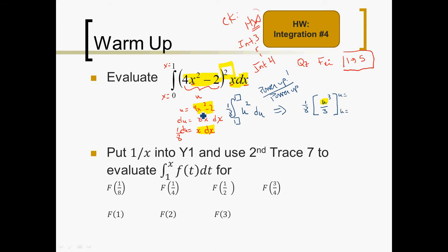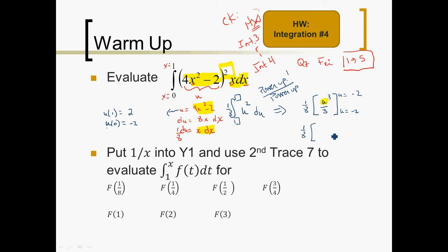So I'm going to go to the u function here. I'm going to say, well, when x is 1, u is 2, right? 4 times 1 squared minus 2. And then I'm going to say, when x is 0, what is u? 4 times 0 squared minus 2 is negative 2. And I'm going to take these two limits of integration here, and then I don't have to bother to substitute.